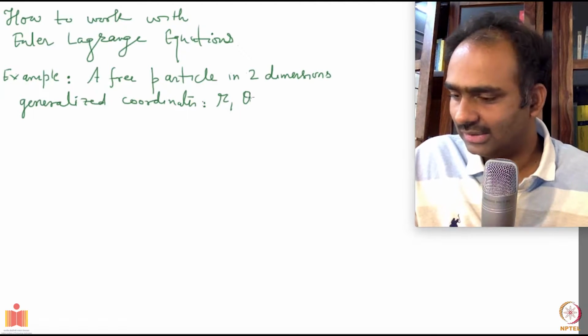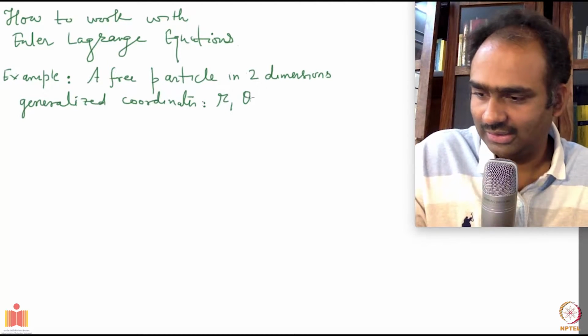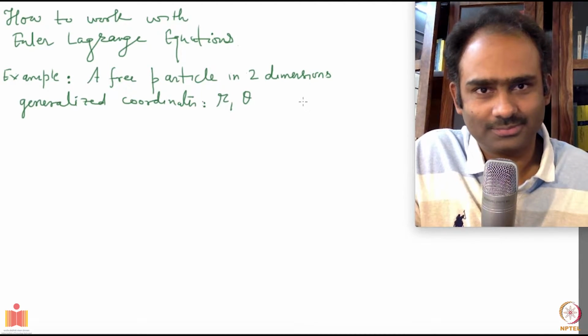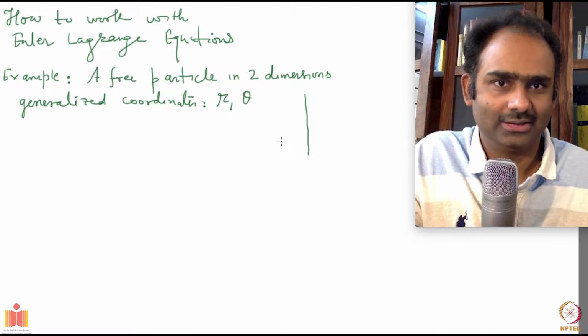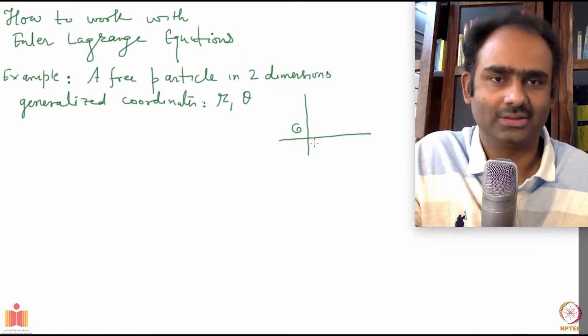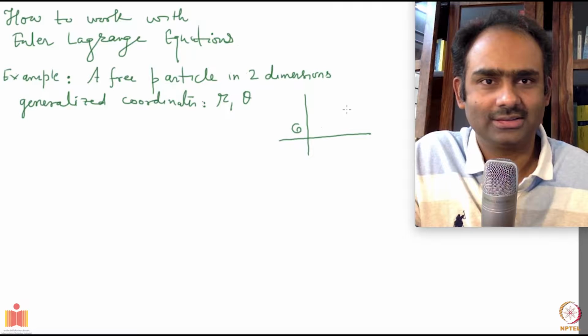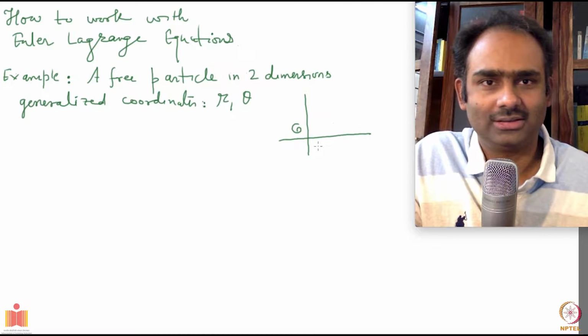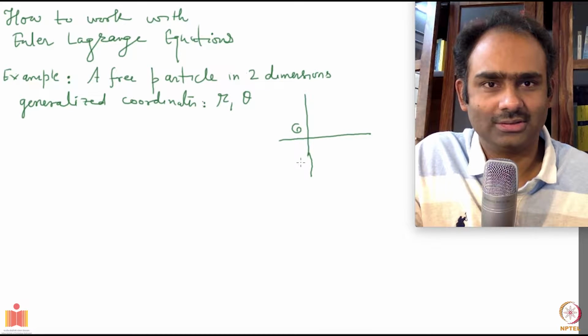Now before I look at the Euler-Lagrange equation, let's have some expectation of what we are going to get. So imagine this is the origin of the coordinate system, and you are going to fire the particle in this direction.